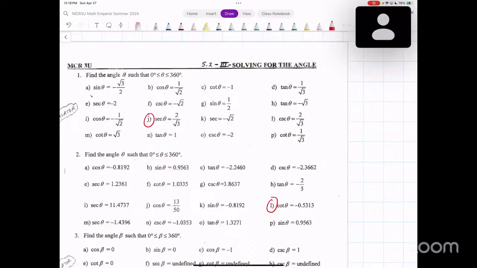If it is the first quadrant, the first angle will be that. So you don't get negative 62 like that. You find it without the sign. That gives you 62, and then you use that to find the angle.